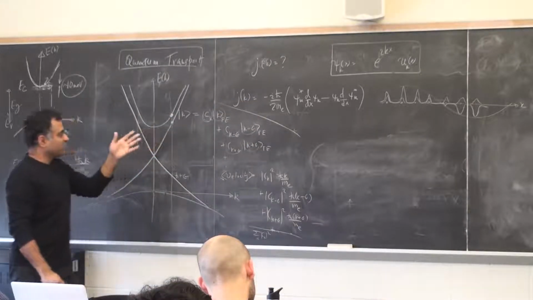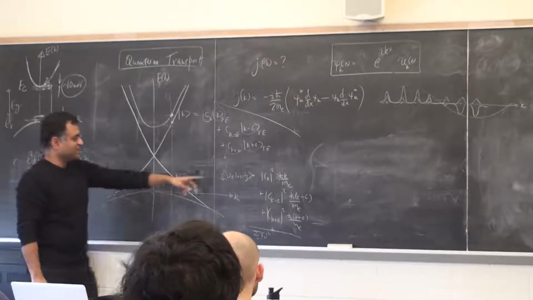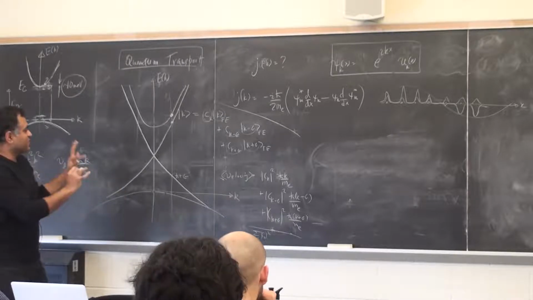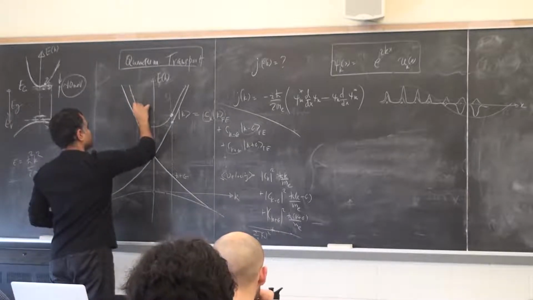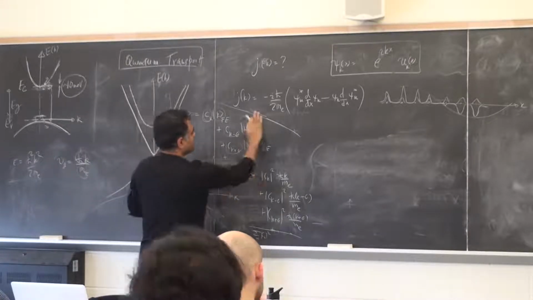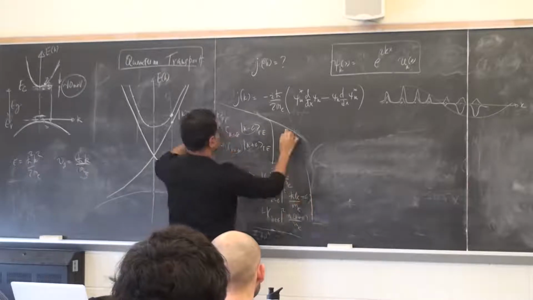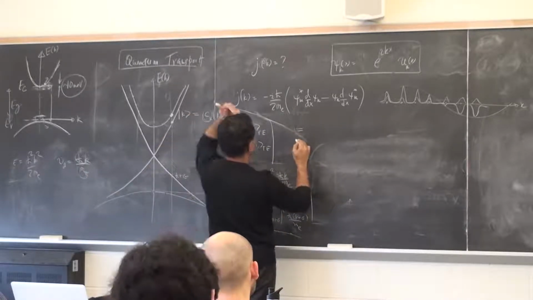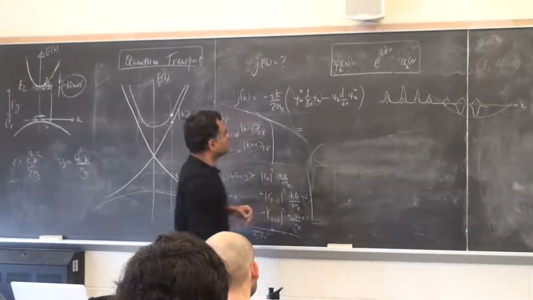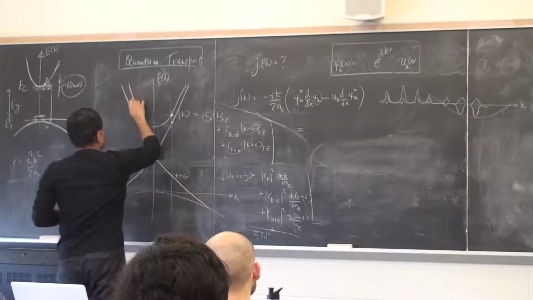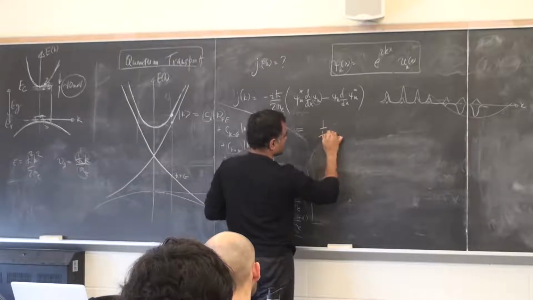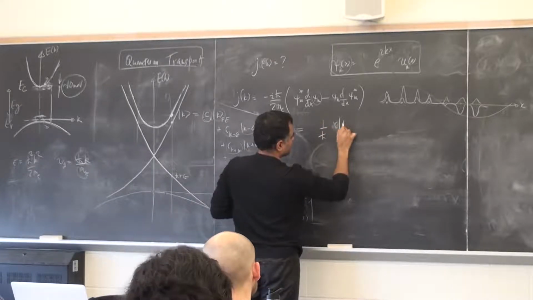But we are going to do it properly. We're not going to make any approximations like this. We're going to do it exactly now. Before I go, I just want to pause for a moment and say that this is a very interesting situation. Let me write the expression down, because it's no surprise that no matter how complicated your Bloch function is, once you know your E-k diagram, the quantum current is given by 1 over h bar, dE/dk.